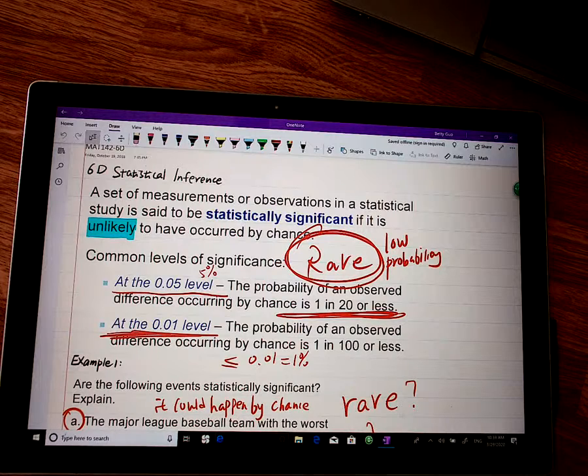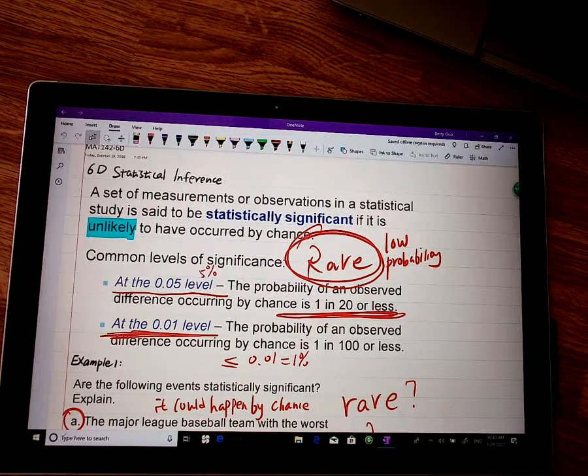Or if you read the definition on the note, a set of measurements or observations in a statistical study is said to be statistically significant if it is unlikely to have occurred by chance. If you understand that, of course, it's good.